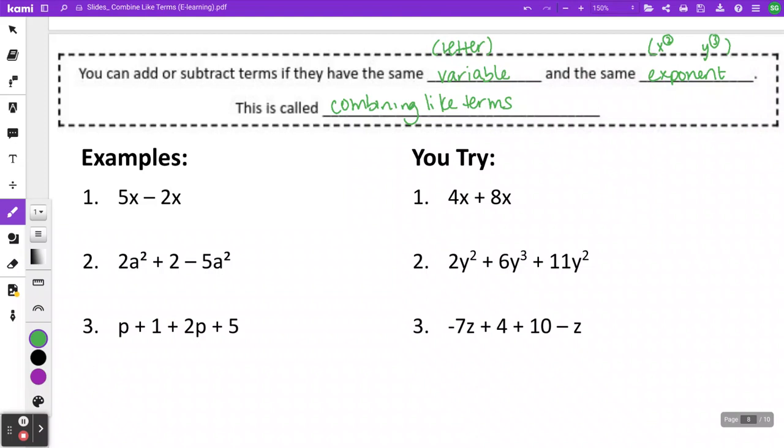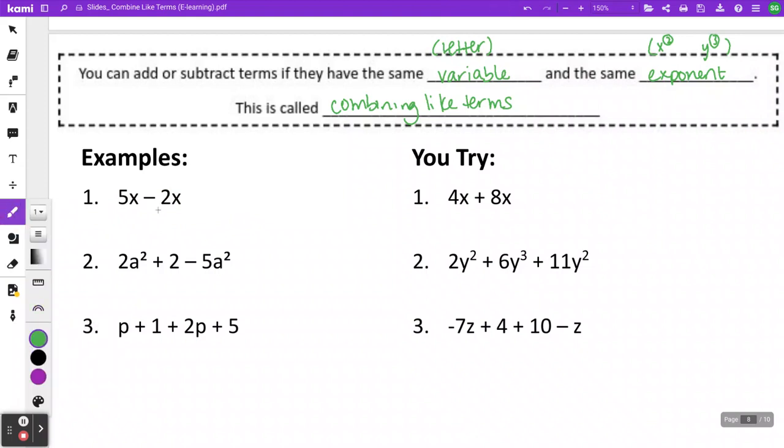And do they have the same exponent? I don't see an exponent in either of them, so they're the same. Notice that the coefficient, the number in the front, doesn't have to be the same. I'm just looking for what comes after that coefficient to be the same. So here, they're both x's, so I can do that subtraction.